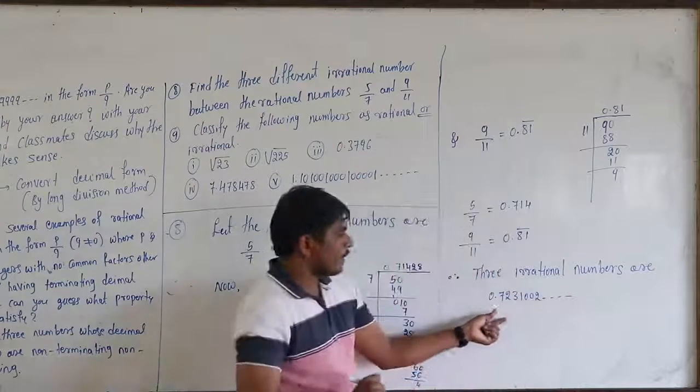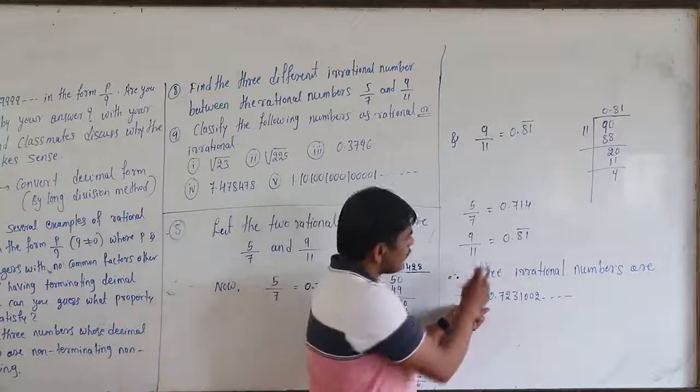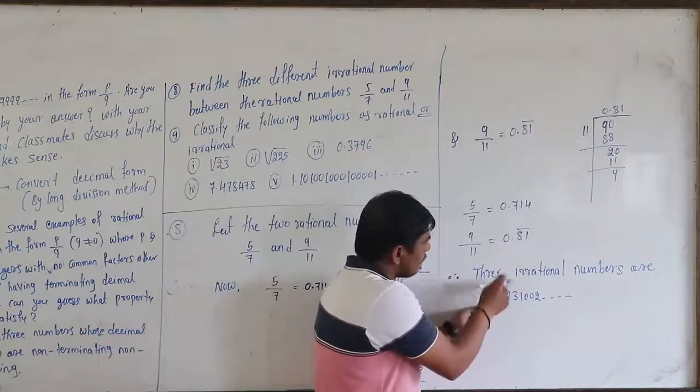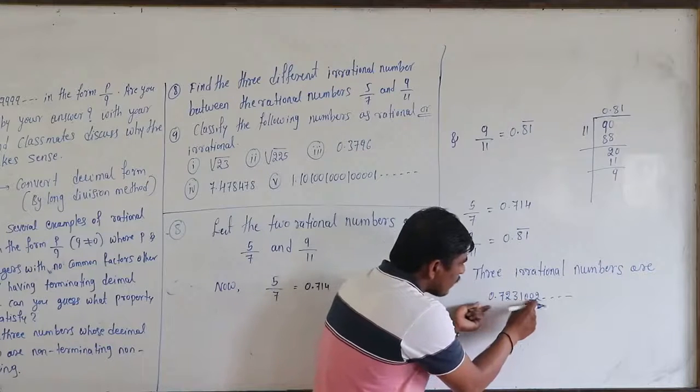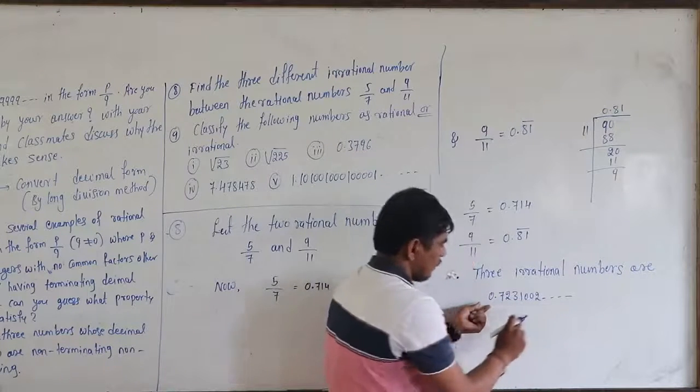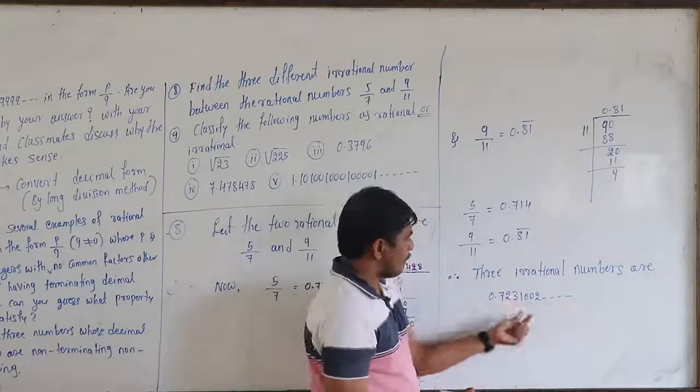You take this number here, you have to observe 0.7231002 and so on. It means many numbers are there, many digits are there.